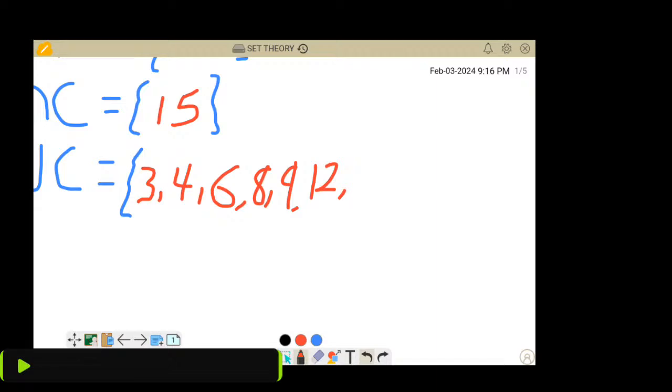We have 15, 16, 18, and 20. Those are the elements of the two sets B and C without repetition. So union simply means all the elements of the two sets without repetition. That is what union represents.